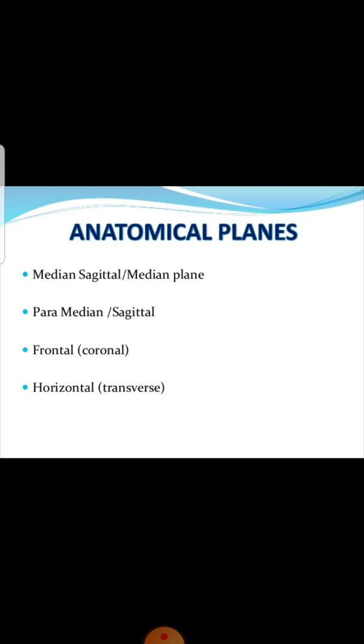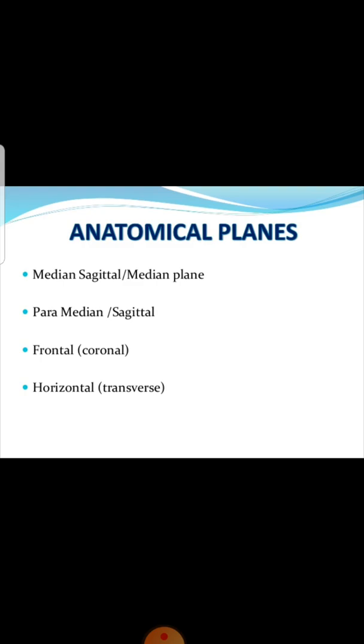Basically, we cut our body in different planes, and then we look at the structures of the body from different positions. For example, if you have an object, say a car, you can look at it from its front side and also from the lateral side.